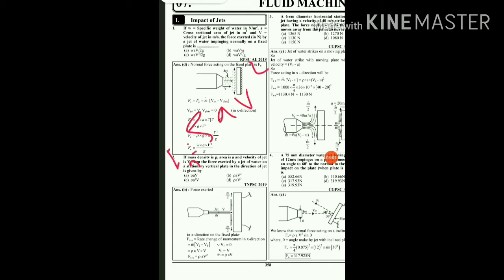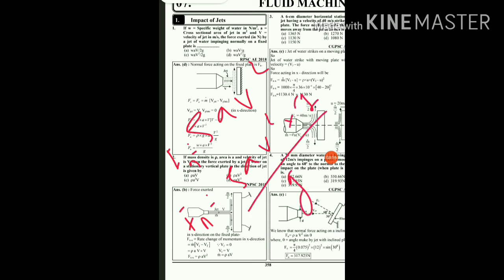But this answer is not given in any of the options above. So we multiply and divide our equation by the term g. It comes out to be rho A V square into g upon g.